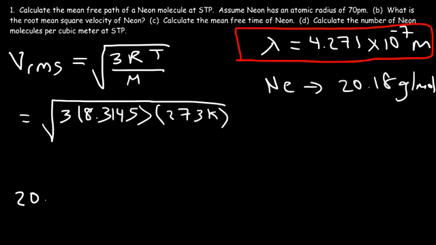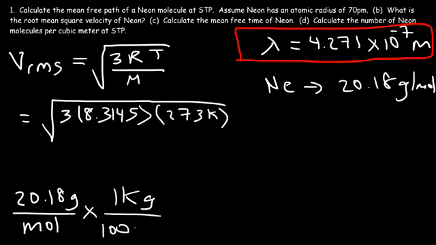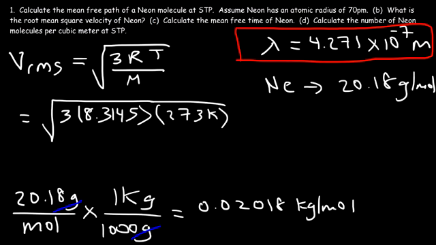Now, we need to take that value and convert grams to kilograms. 1 kilogram is equal to 1,000 grams. So if we take 20.18 and divide it by 1,000, it's going to be 0.02018 kilograms per mole. So that's what we've got to plug into that formula.